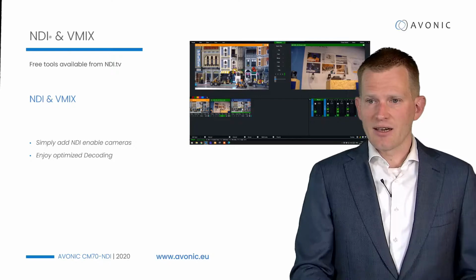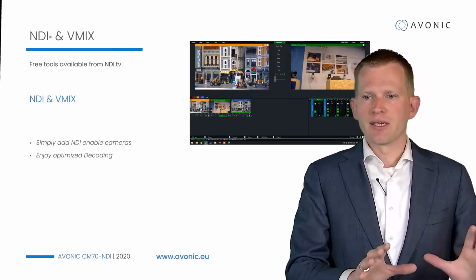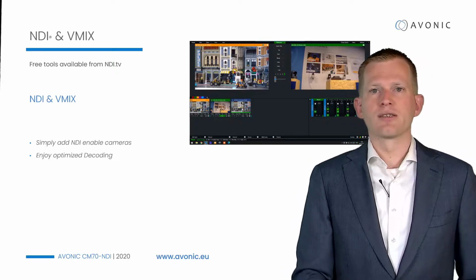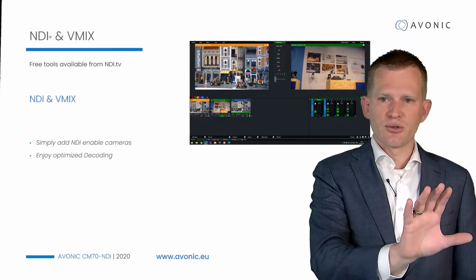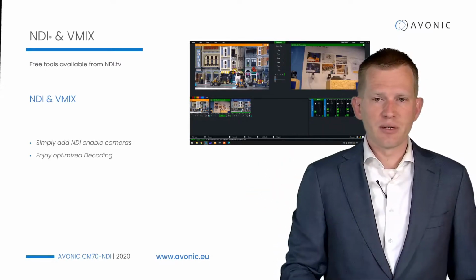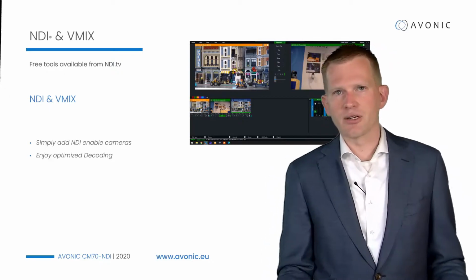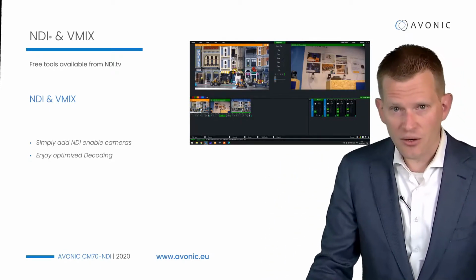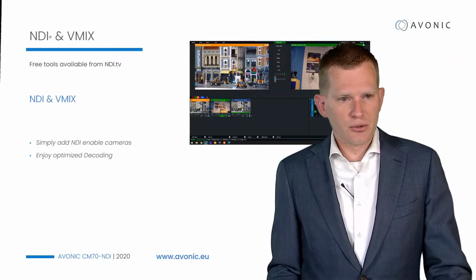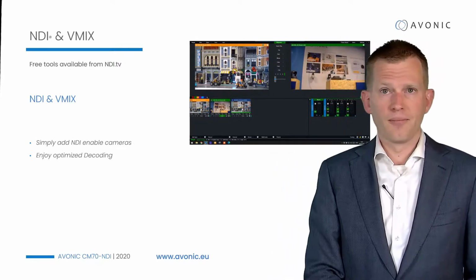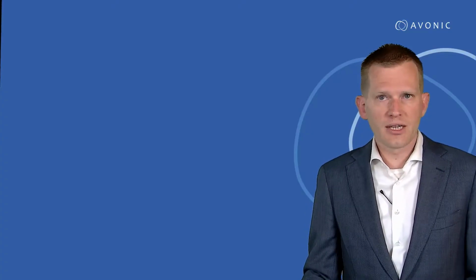I'm using NDI Desktop Capture to make my desktop available in vMix, and I'm using that to show my PowerPoint in vMix without the need of any expensive capture cards. So just to give you an idea how that works. Okay, let me switch to my vMix.